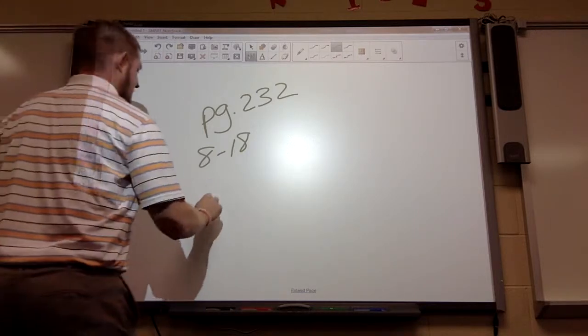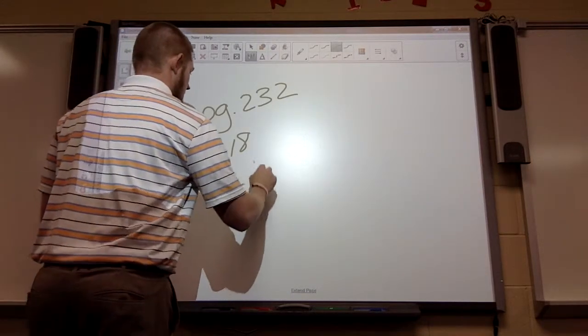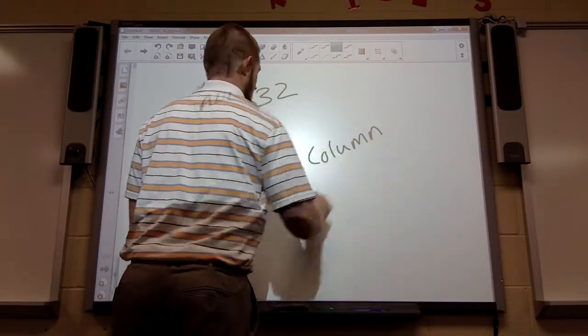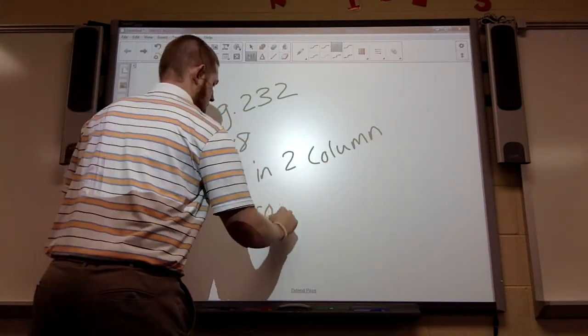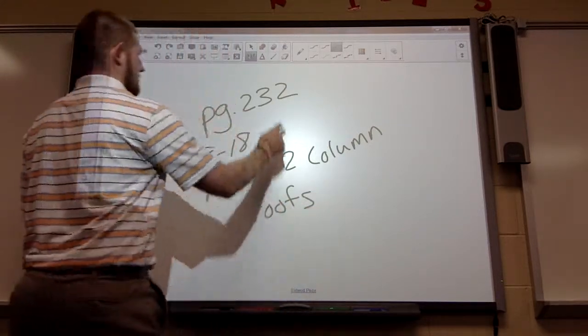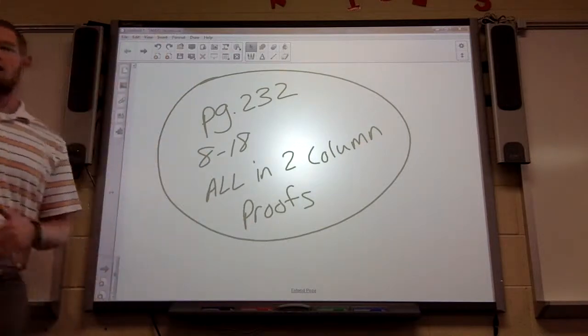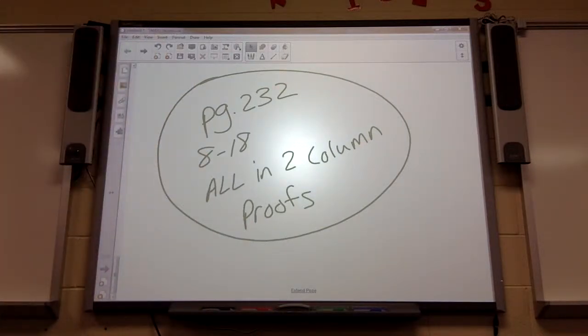I need all of them in 2-column proofs. They are not all meant to be in 2-column proofs, but you can still put them in 2-column proofs. 8, 9, and 10 are going to be a little bit shorter and easier than the others.